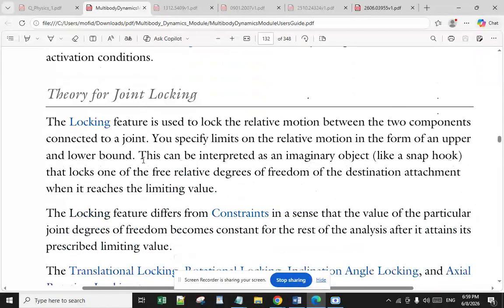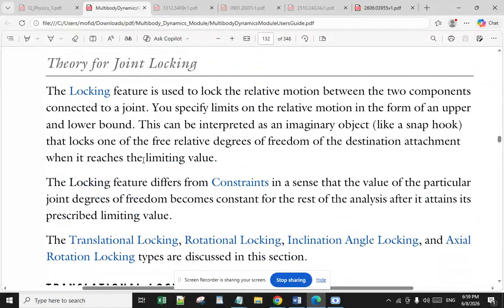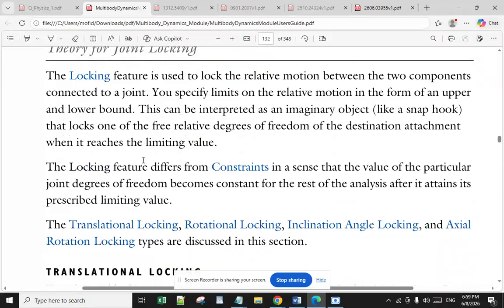Now I want to go through the theory for joint locking. The locking feature is used to lock the relative motion between the two components connected to a joint. You specify limits in the relative motion in the form of an upper and lower bound. This can be interpreted as an imaginary object like a snap hook that locks one of the free relative degrees of freedom of the destination attachment when it reaches the limiting value.